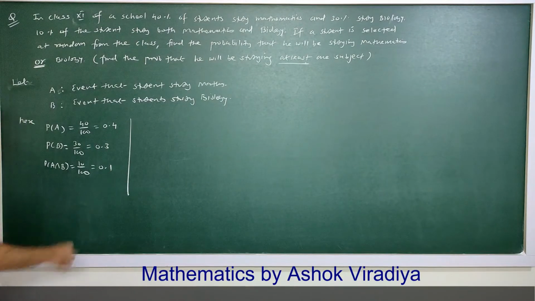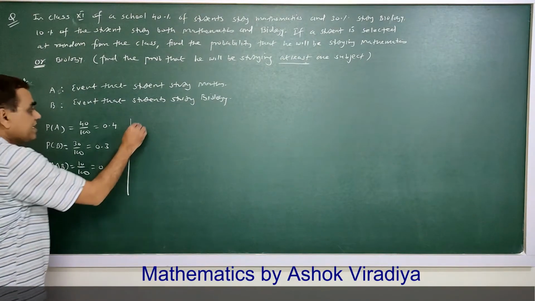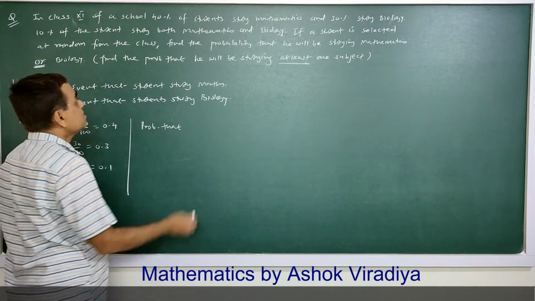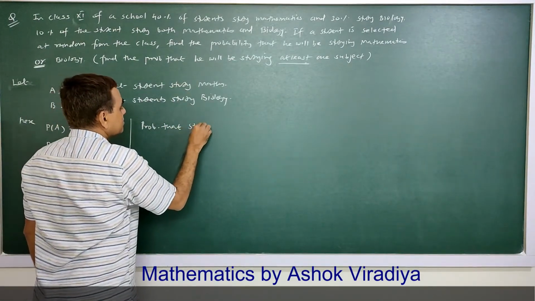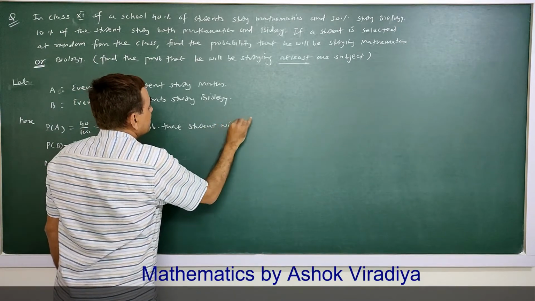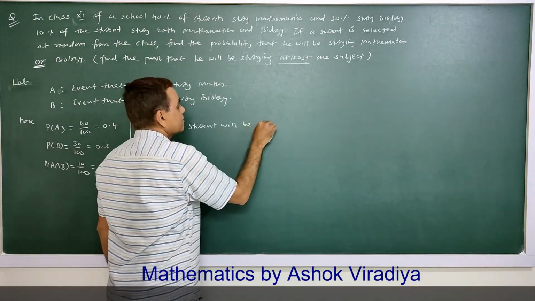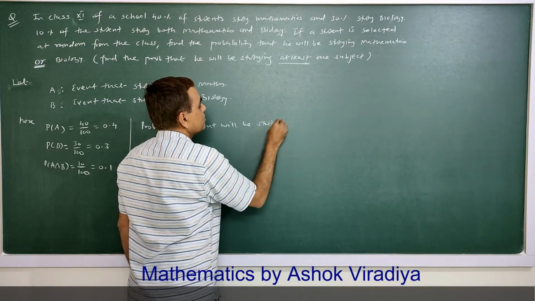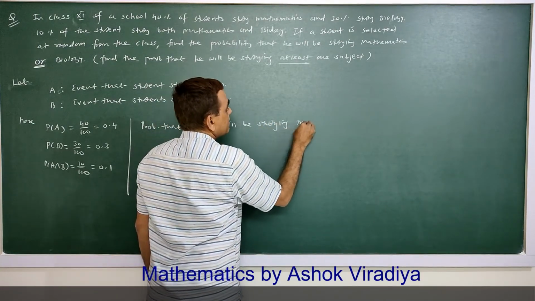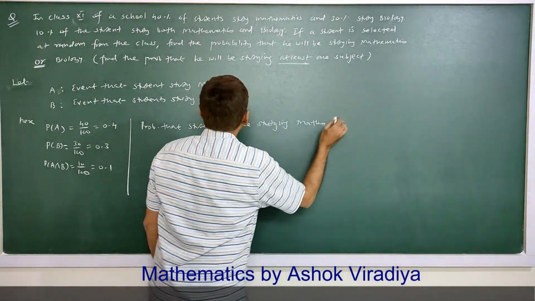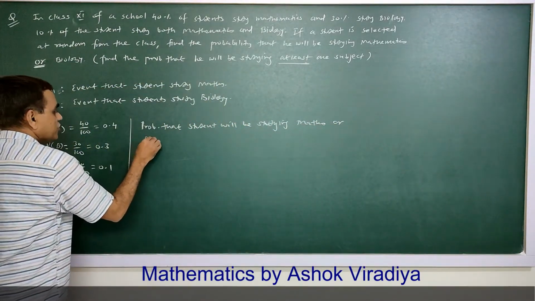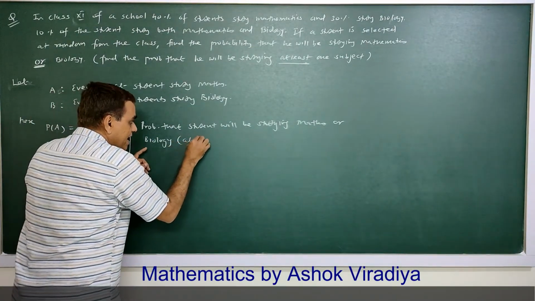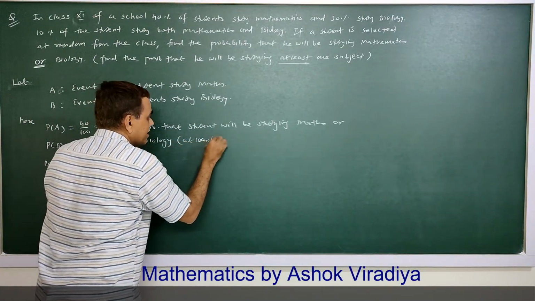Now we want the probability that a student will be studying maths or biology, or in other words, at least one subject.